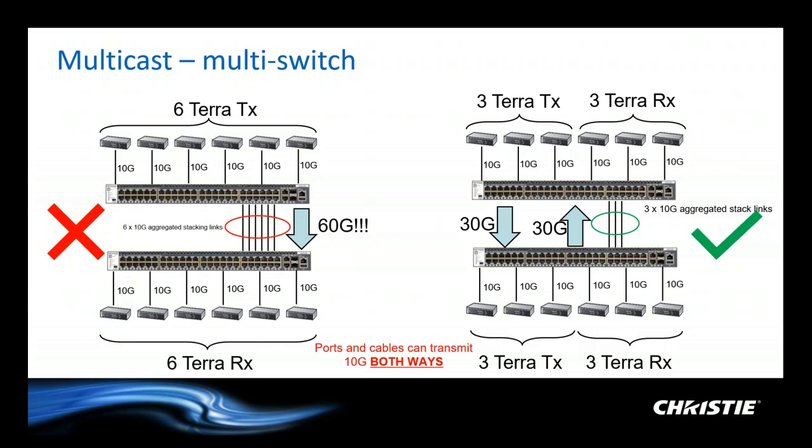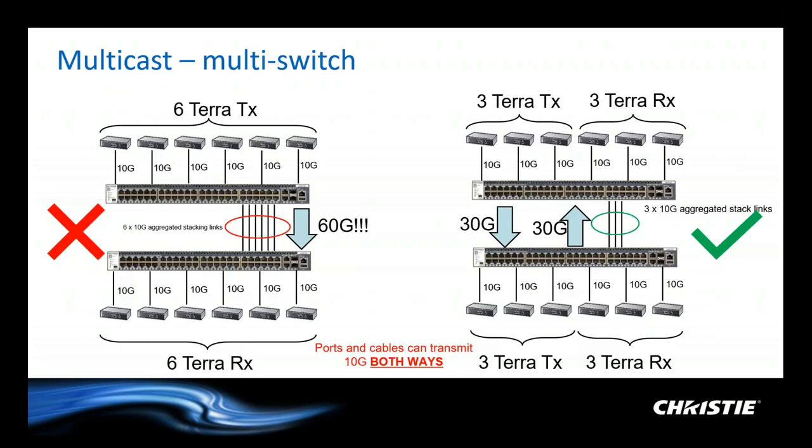You could also do this with a single 40 gigabyte link between the switches, then obviously that would work, of course. But this just shows you how balancing the TX and the RX across the switches changes radically the bandwidth requirements in the uplink.